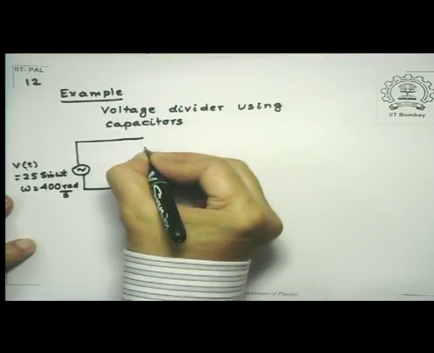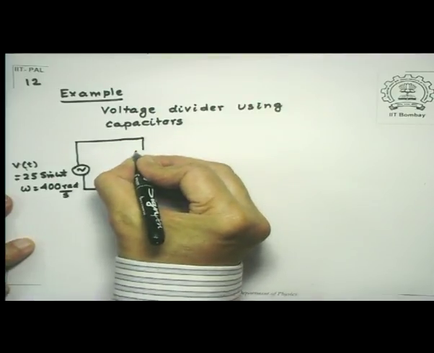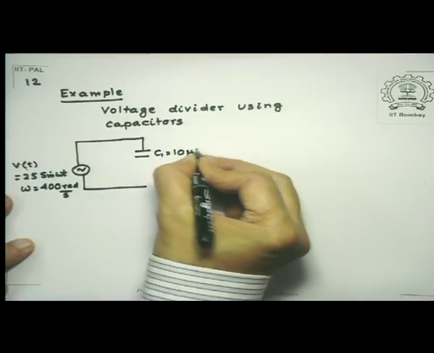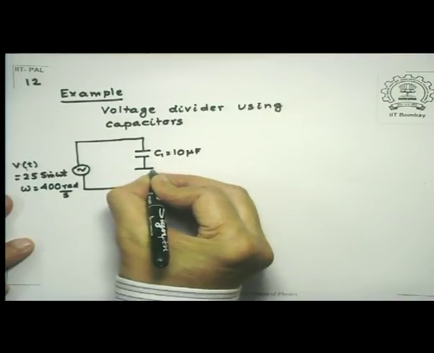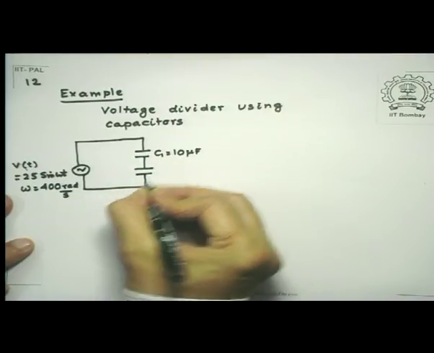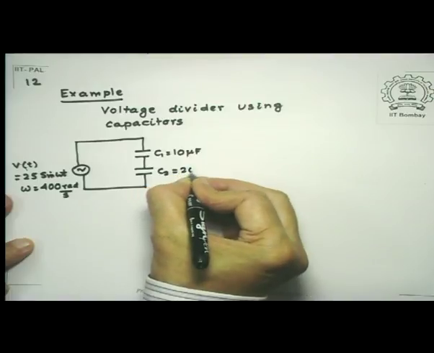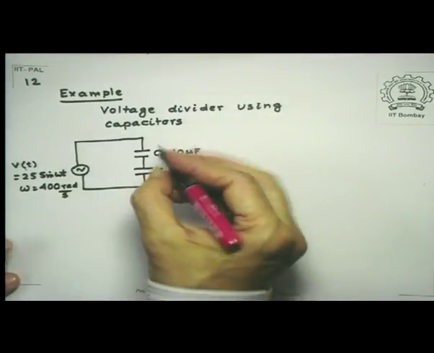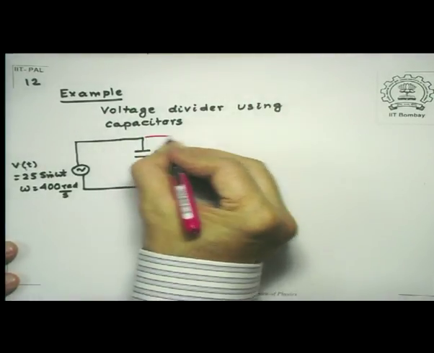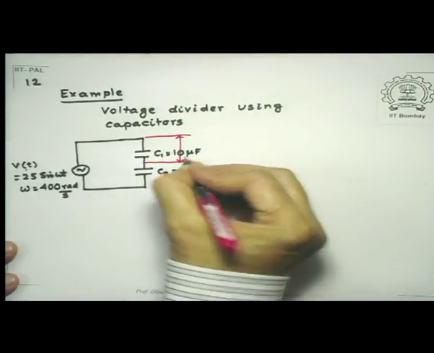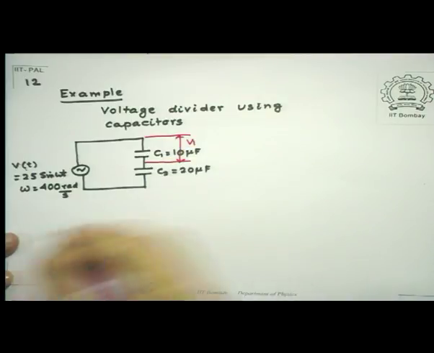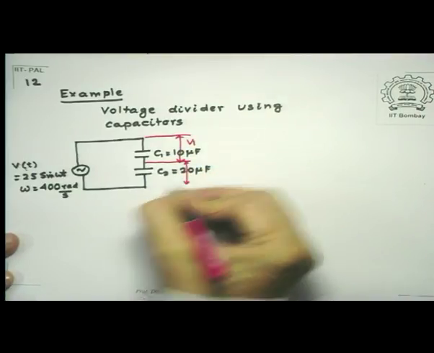So the voltage division works like this. There is a capacitor here, let's call it C1, equal to, let's say, 10 microfarad. There is another one in series with it, which is C2. Let's take it as 20 microfarad. Between this point and that point, there is a voltage V1, and between this point and that point, there is a voltage V2.